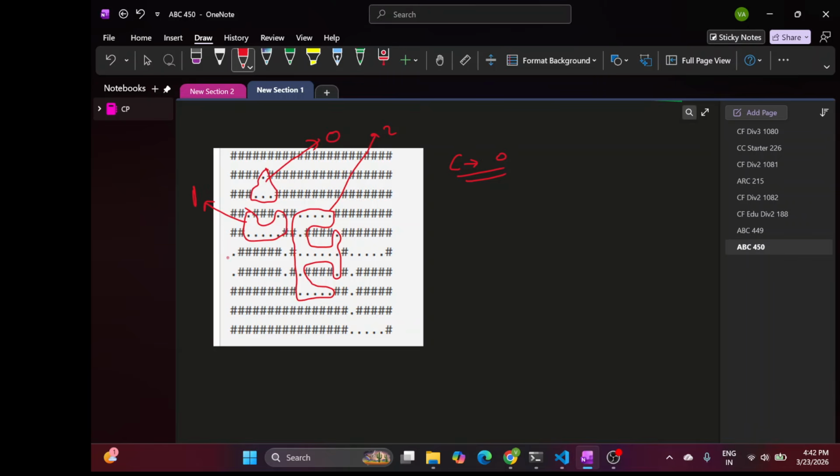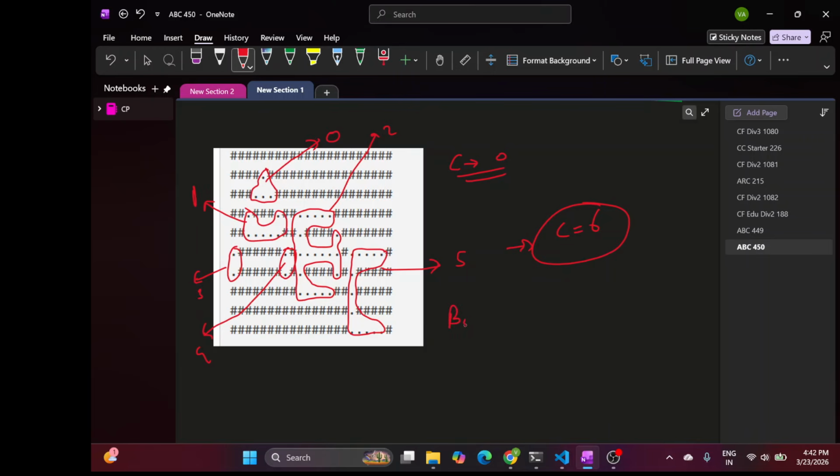Then this will be our 3. This is 4. And this last portion is our 5, right? And now C's final value is basically 6, right?